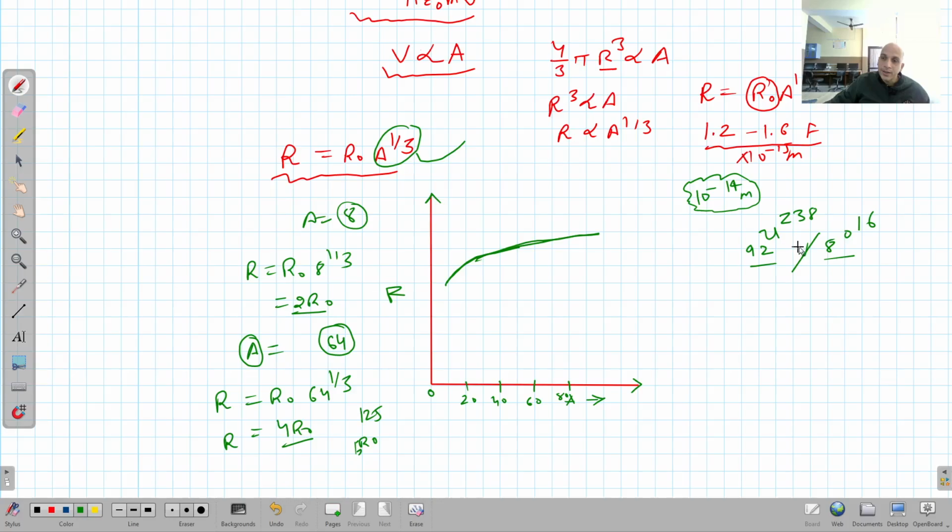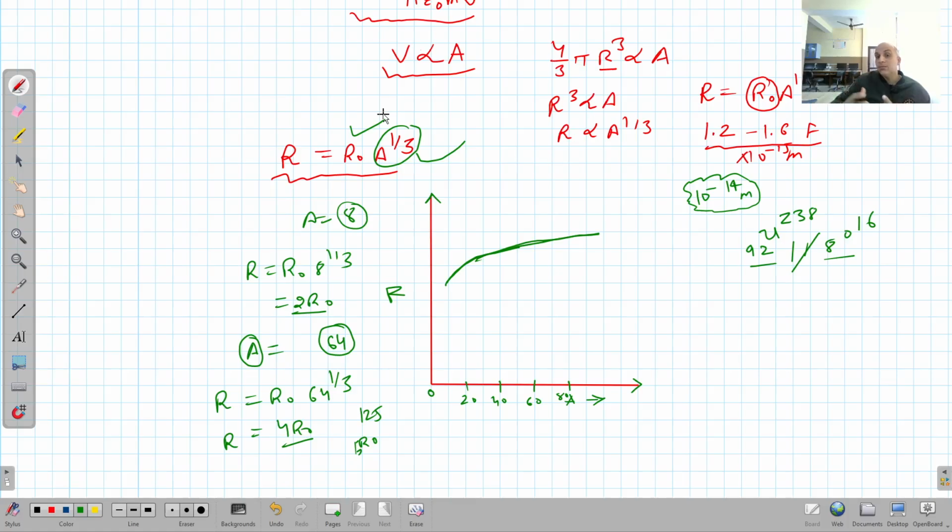If I compare the radius of these two nuclei, then there will be only a small variation in the radius, right? The size of the nucleus will not be very different in the two cases, right? This is from this relation, right?